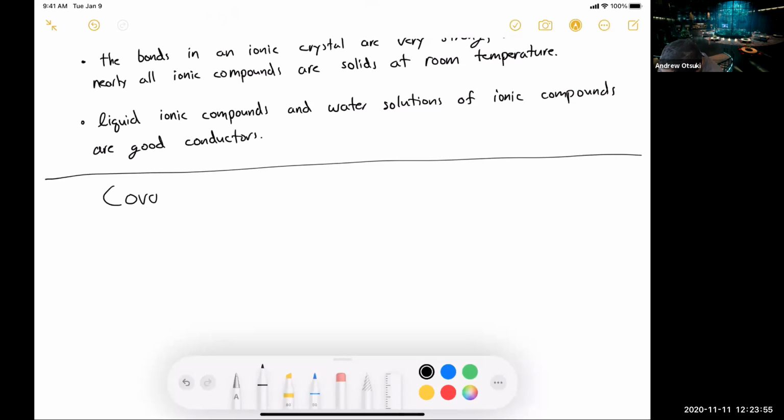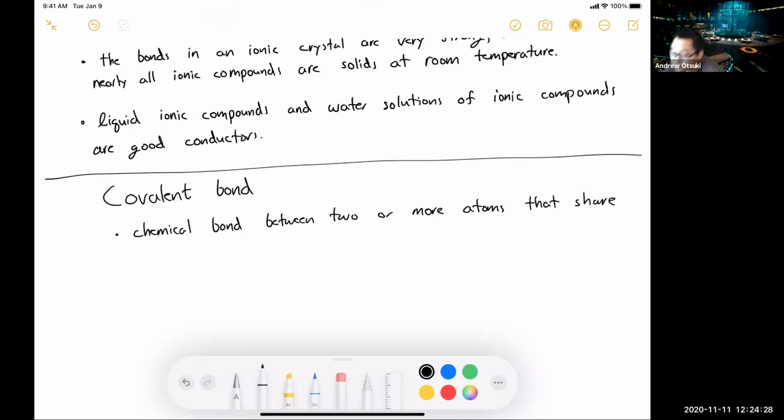So here's a covalent bond. It is a chemical bond between 2 or more atoms that share a pair of electrons.